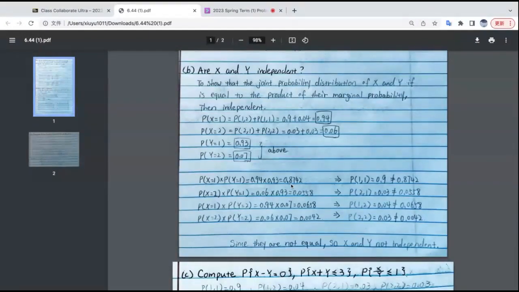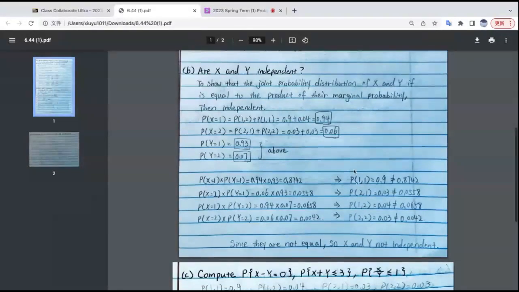It's equal to 0.8742, and the probability of x equal to 2 times the probability of y equal to 1 is equal to 0.0558, and probability of x equal to 1 times the probability of y equal to 2 is equal to 0.0658, and similarly, probability of x equal to 2 times probability of y equal to 2 is equal to 0.0042.